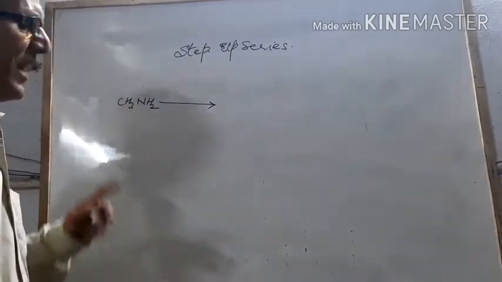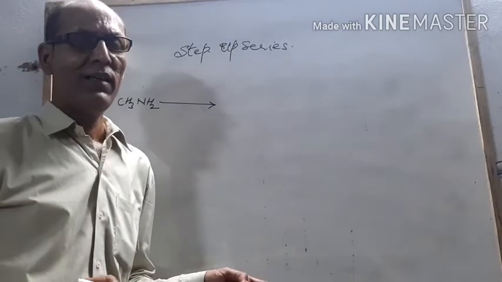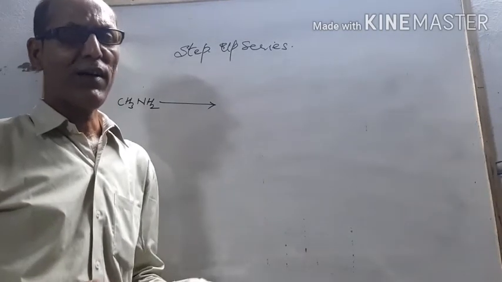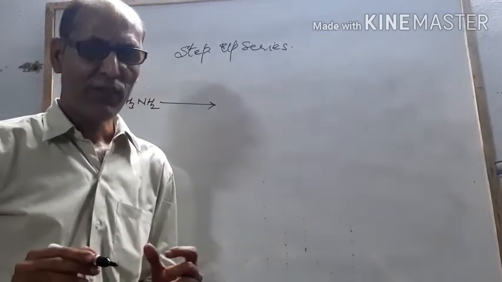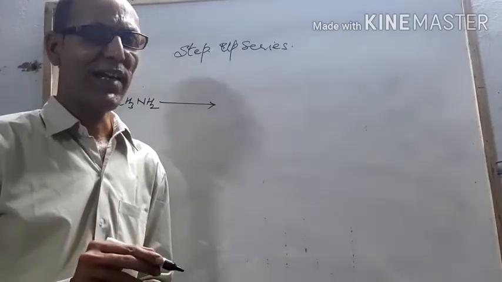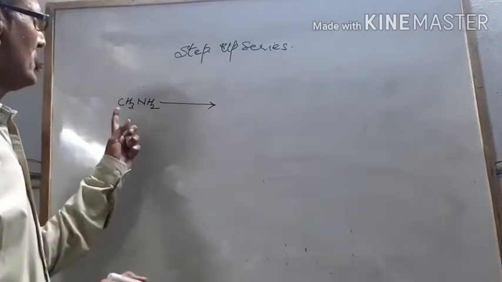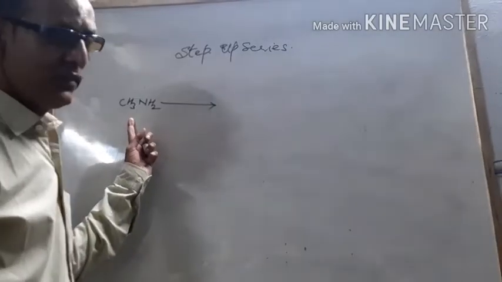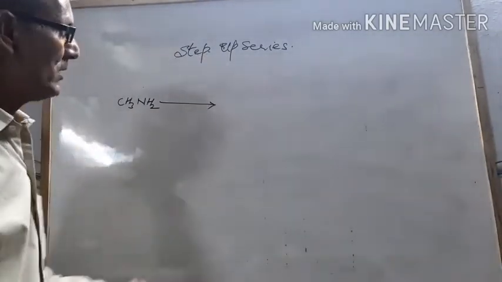So we have to increase the carbon. If it is required to increase the carbon, what do we have to do? We have to do the reaction with KCN and a halide. So we have to convert it into a halide.